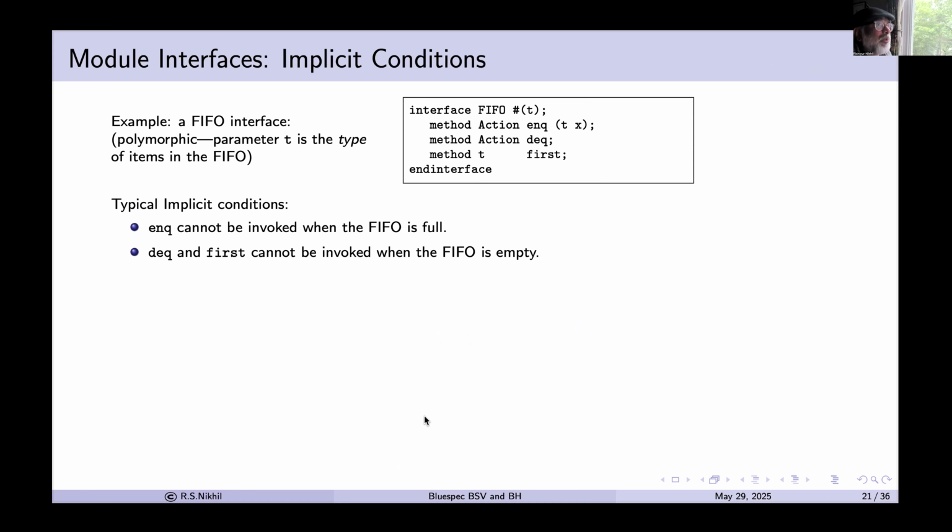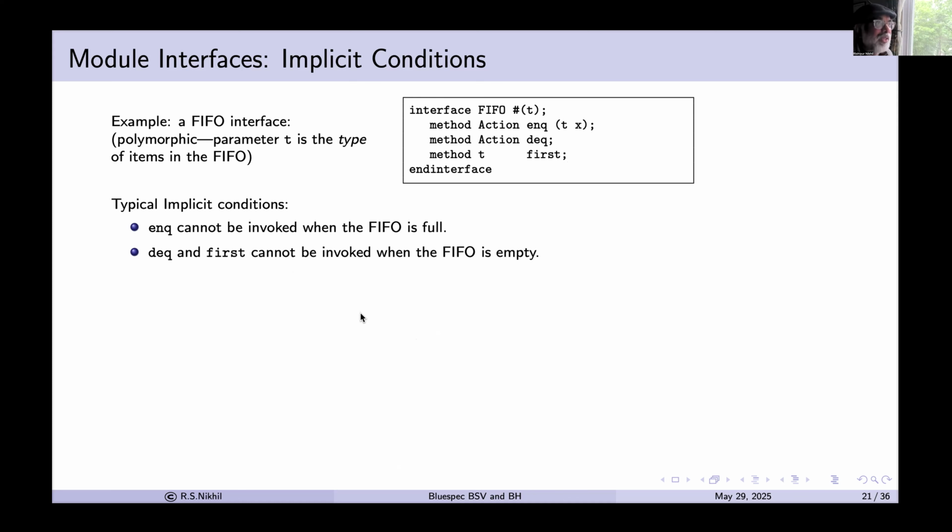Okay, so let's talk about what we mean by implicit conditions. Implicit conditions are the idea that every method in BSV potentially comes with an implicit Boolean, which determines whether it's legal to invoke that method or not. Typical use of that is what you can see in these two bullets here, which is that enqueue should not be invocable if the FIFO is full.